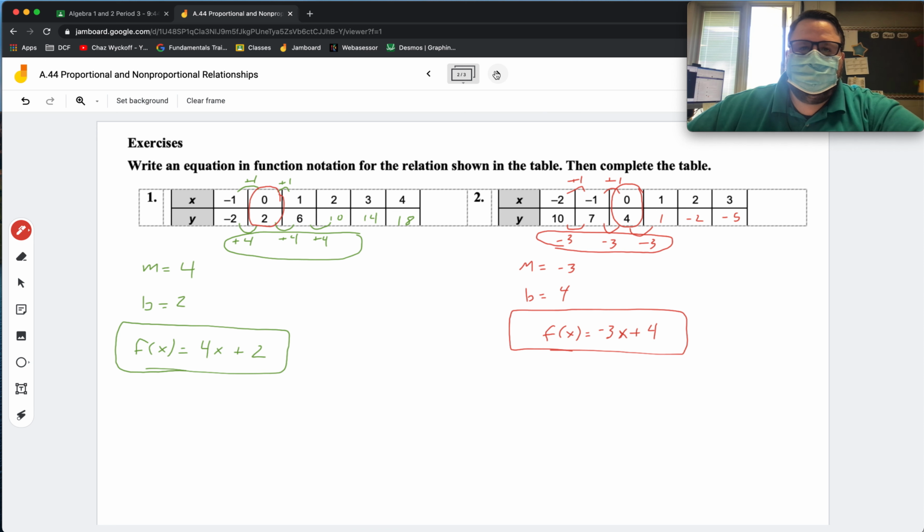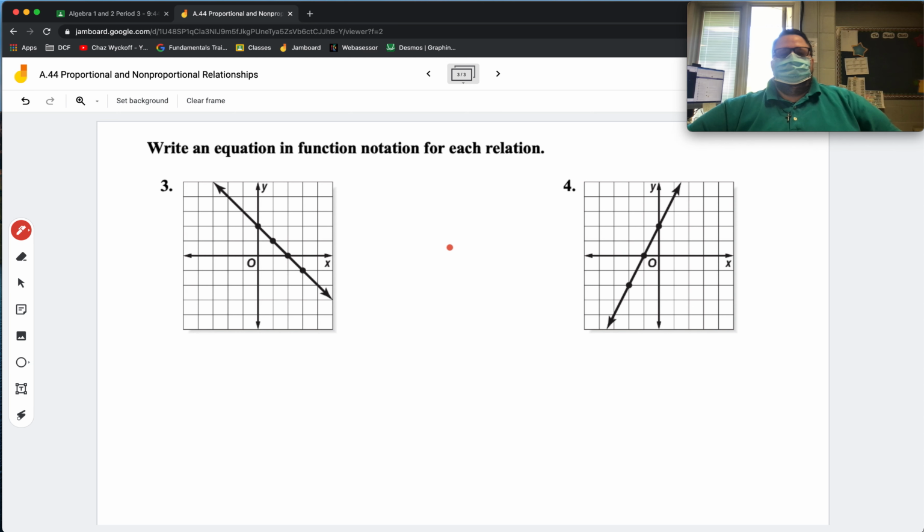And that's it. Now we're going to do it from a graph, and a graph is actually even easier. First thing I'm going to do is find my slope by drawing my triangle here from left to right. So I went down 1, right 1. So m equals negative 1 over 1, which is negative 1.